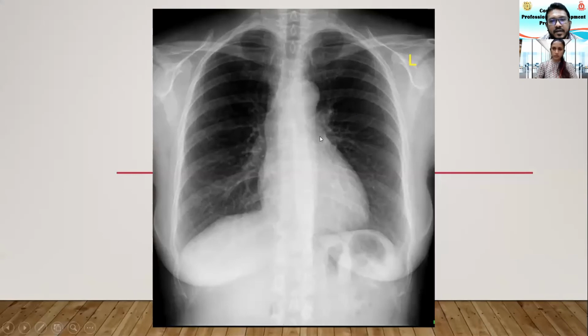And the heart will be a little wider in an AP view. Then look at the scapulae. In PA views, the scapula is always away from the chest field, but in AP views, it will be overlying the upper part of the chest. And there will always be a marker saying whether it's an AP or a PA view. That is the usual norm, to put what type of X-ray it is.